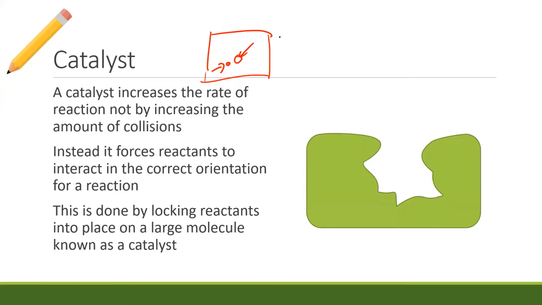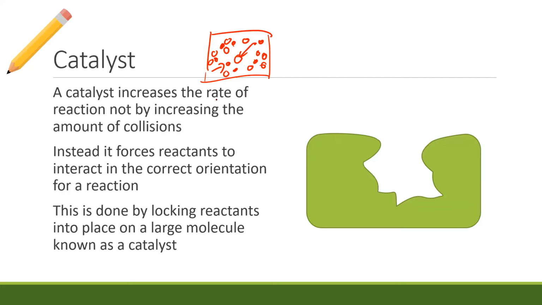So if we want lots of reactions, it makes sense to have a lot of different kinds of stuff. That's increasing the concentration. Increasing the surface area does the same thing. You're crushing them up, you're making them more available. By heating them up, you're making them collide more.